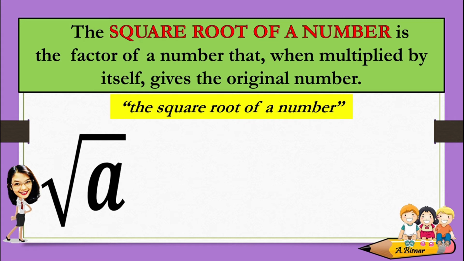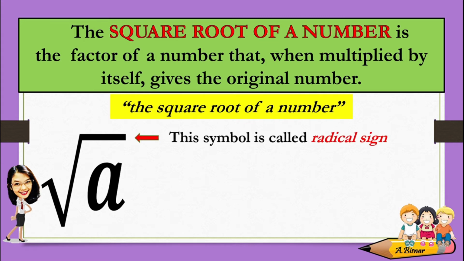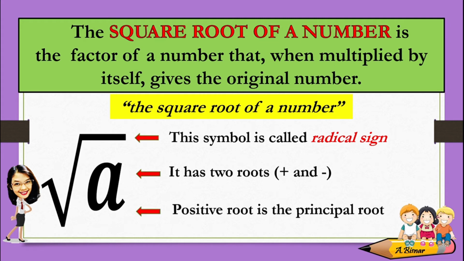So these are the things that you need to remember. This symbol is called the radical sign. And the square root of a number has 2 roots, which are positive and negative roots. However, you also need to remember that the positive root will be the principal root.